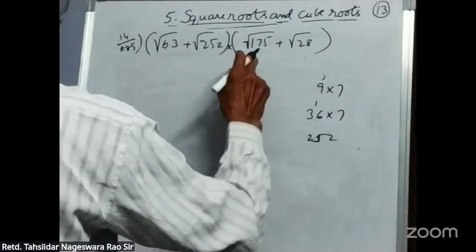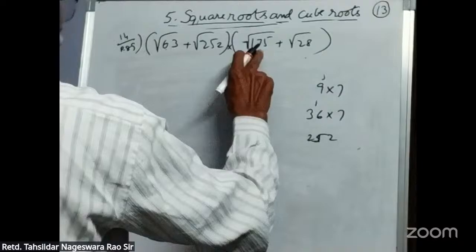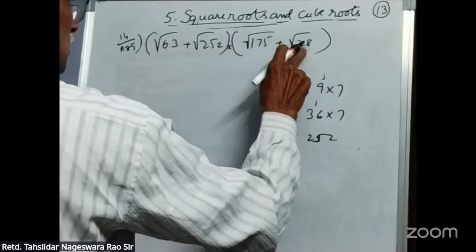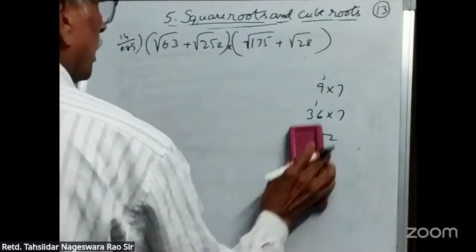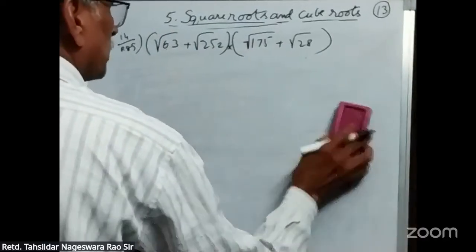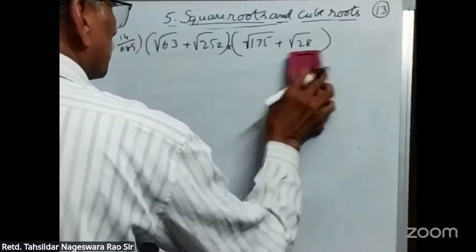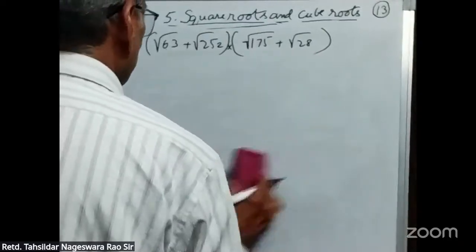Similarly, 7 into 25, 25 has a square root. 7 into 4, root of 4 is there. So all we are getting is root 7. For factor 7 there is no root.